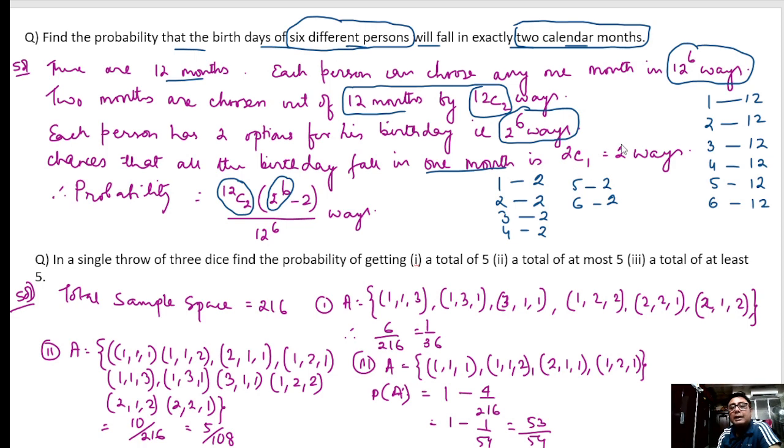So that option has to be removed. Suppose all the persons have their birthday in that single month, I have to remove that option. So this is the total sample space, the total ways in which all 6 persons can have birthdays in 2 calendar months. Okay. Next sum, friends, let us see.